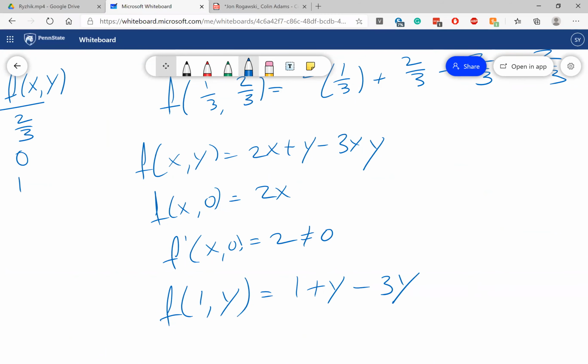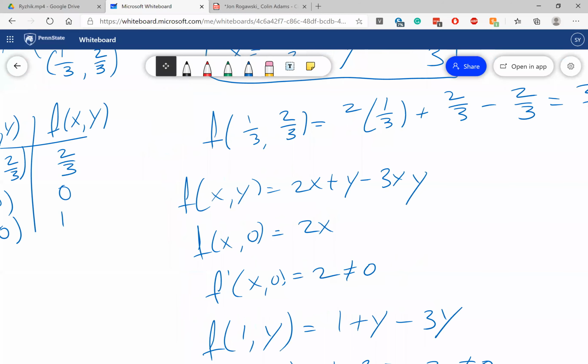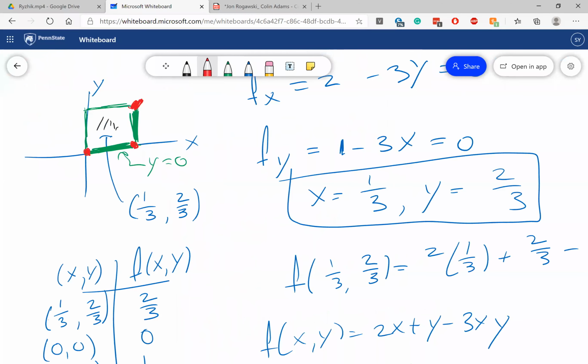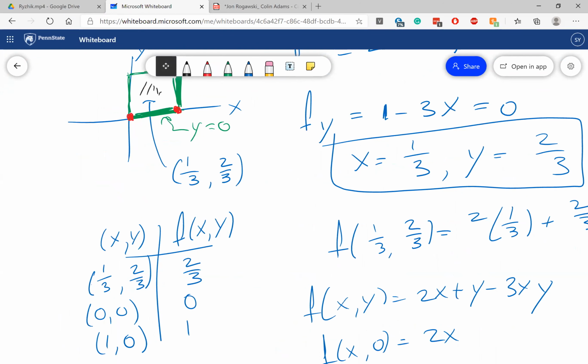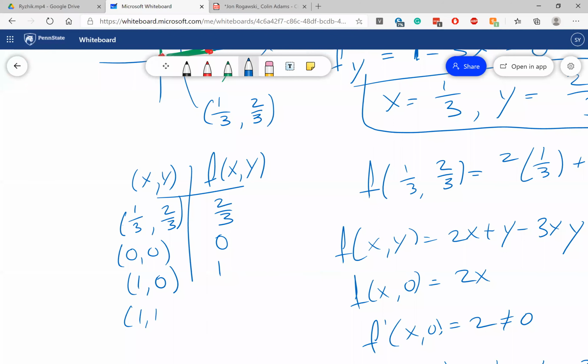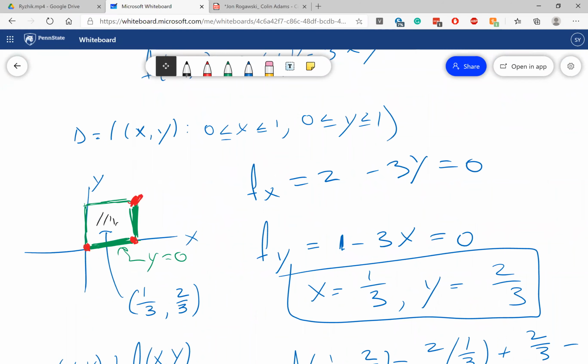And so now the derivative, f prime of y, is going to be 1 minus 3, which is equal to -2, which does not equal 0. So once again, we do not have critical points on this boundary. But we need to evaluate this point over here, which is the point 1, 1. For that point, we are going to get 2 plus 1, which is 3, minus 3. So we get 0. Any questions so far?